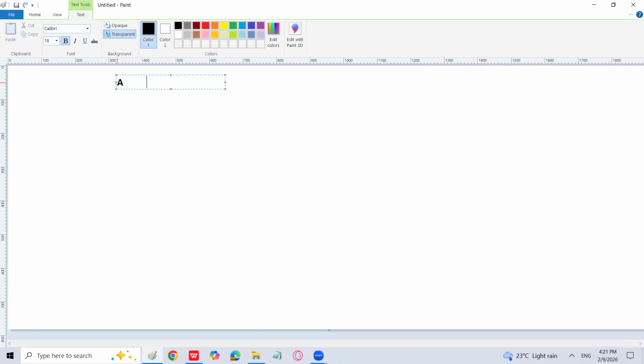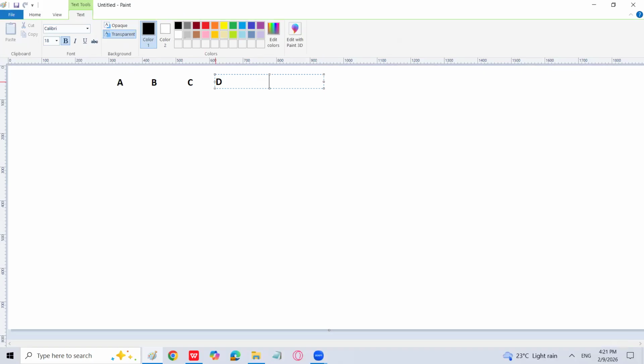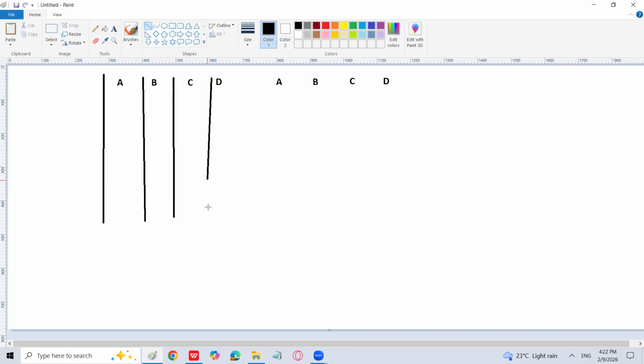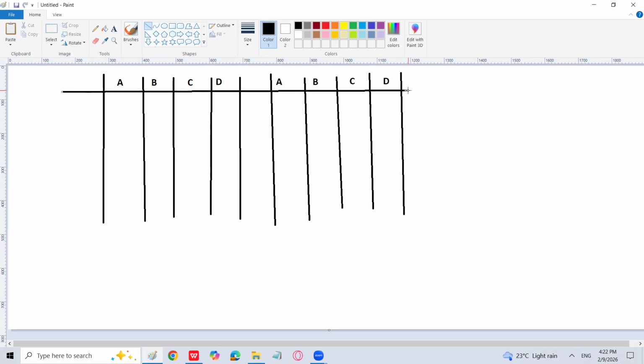A, then we have B, then C, and then we have a new partner which has recently been admitted after 6 months to the partnership business, D. On the right side also, we'll go for A, B, C, and D. Let's prepare the partners' capital account. I will go for the lines first.